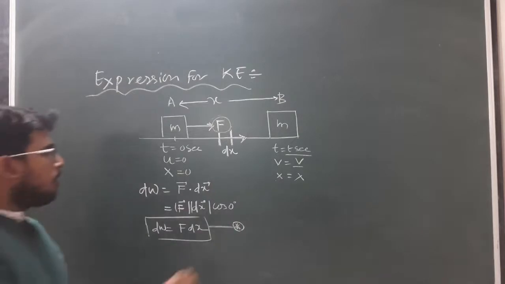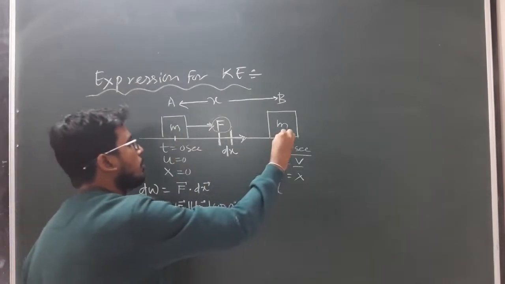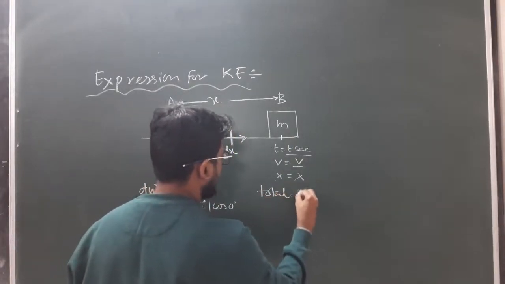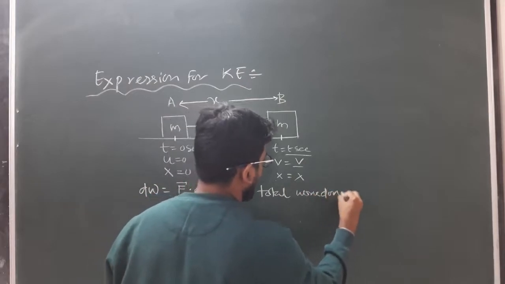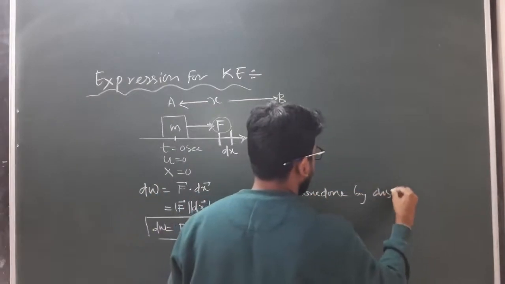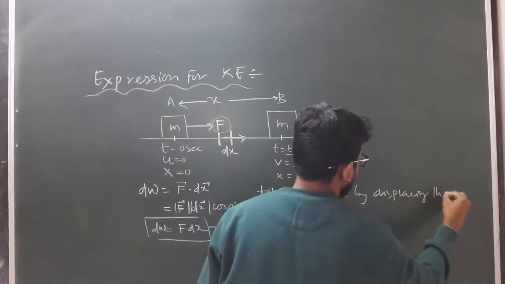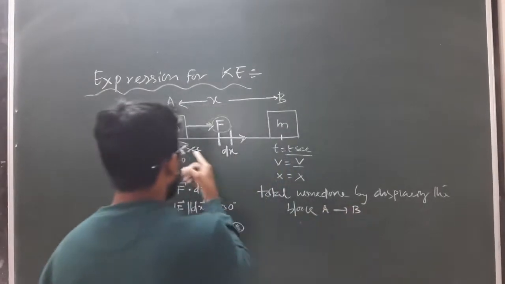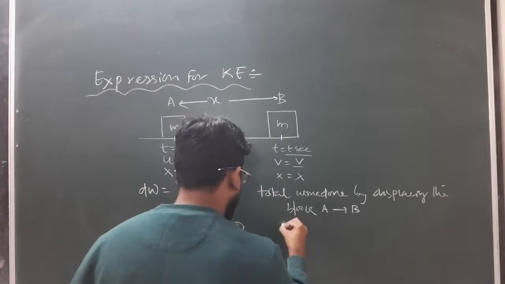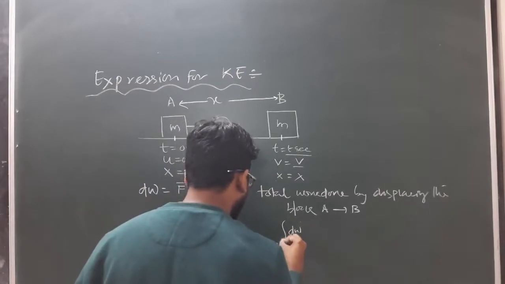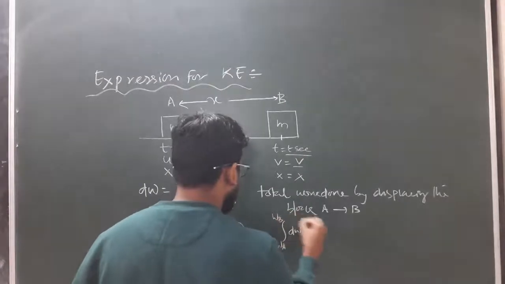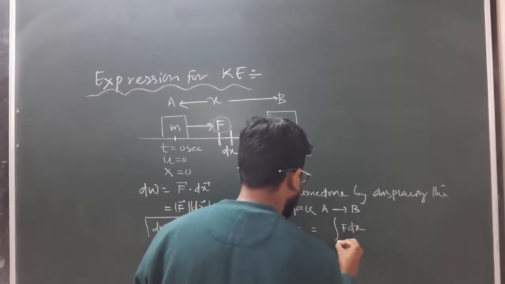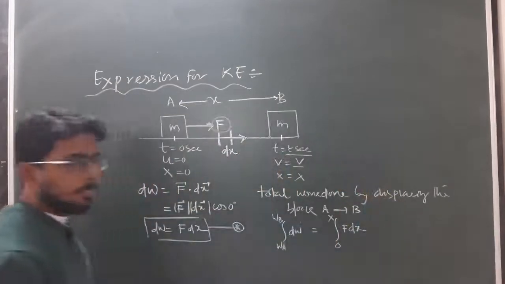But we have to find the total work done by displacing the block from A to B. So the total work done will be obtained by integrating this equation. So we can obtain the integration of dw, W from A to B, equal to the integration of F dx from displacement 0 to x. Clear?